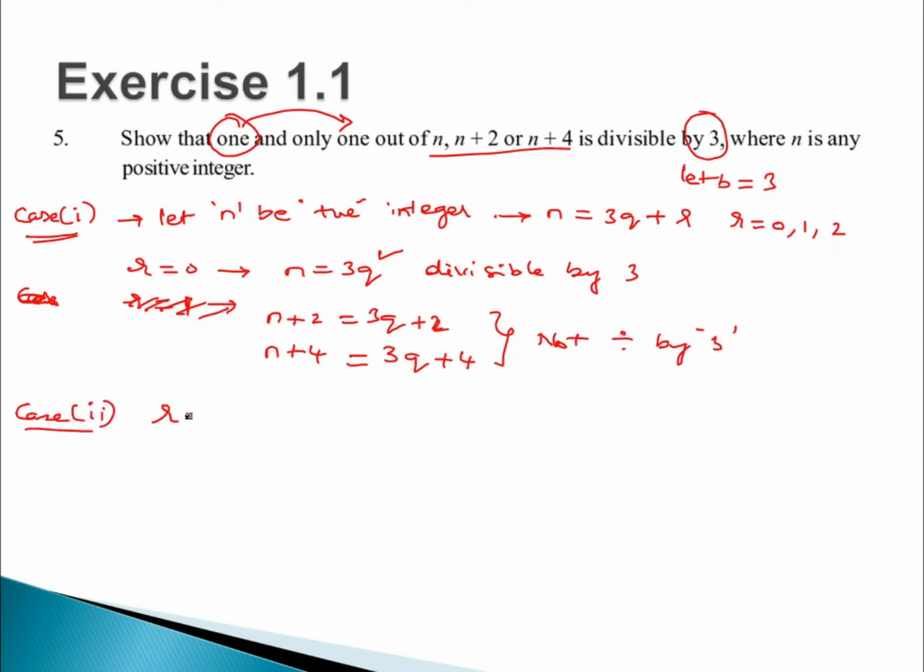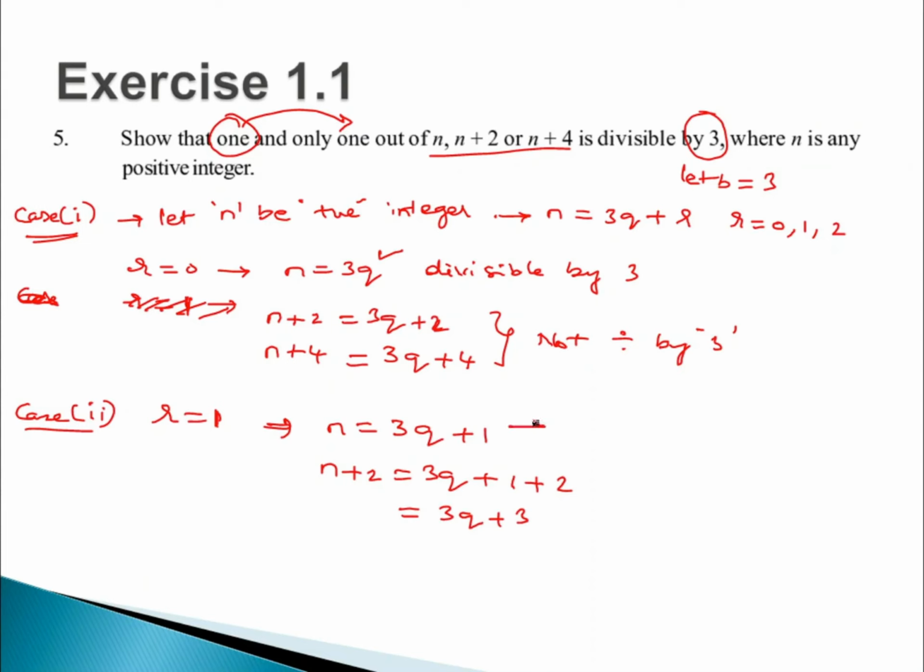That is, if r equals 1, then n equals 3q plus 1. Similarly, n plus 2 equals 3q plus 1 plus 2. The resultant of this one is 3q plus 3. It is divisible, isn't it?